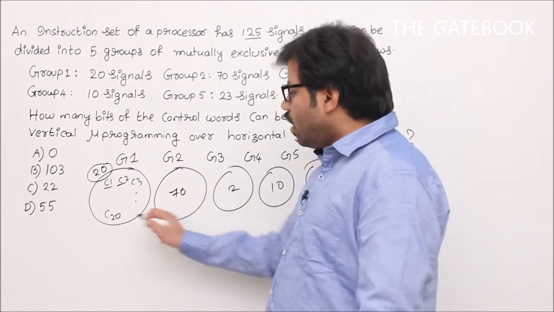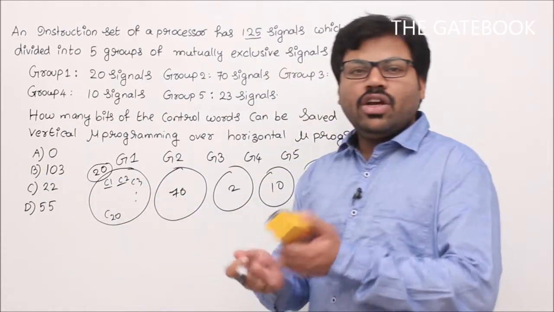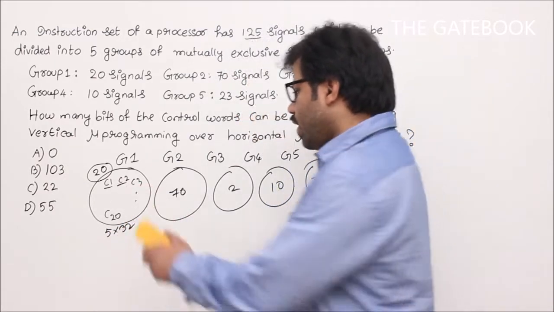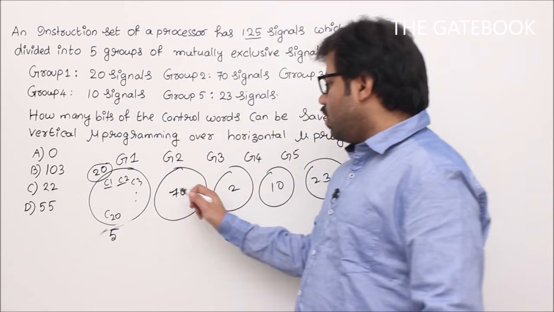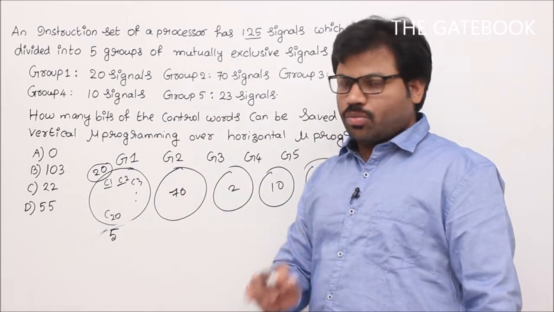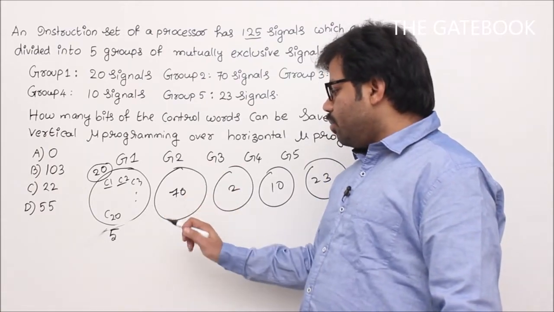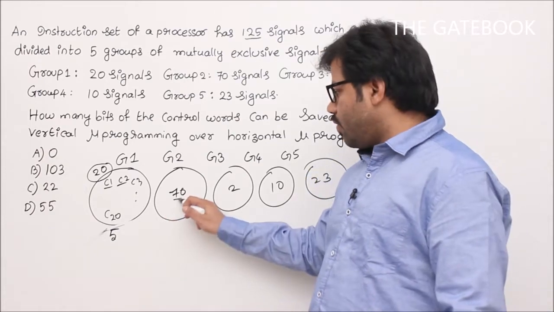We require only log 20 bits, correct? We can use a decoder and generate 20 patterns using a 5 by 32 decoder, so only 5 input bits are required. Now blindly apply the log formula from now onwards. Log 70 is 7 bits, right? With 6 bits, only 64 patterns can be generated, and we have 70 signals.